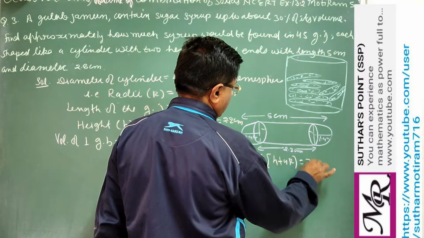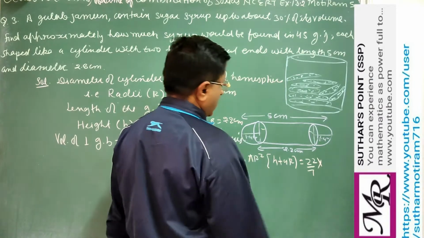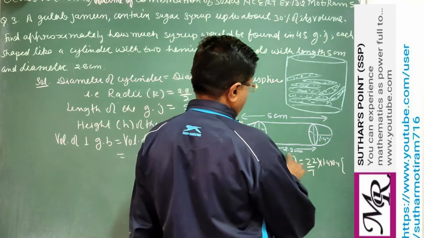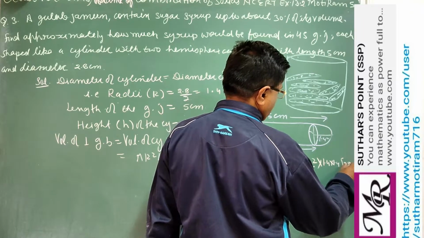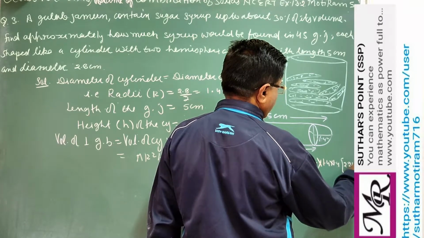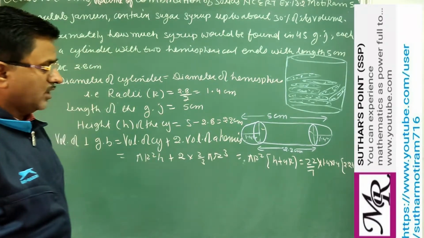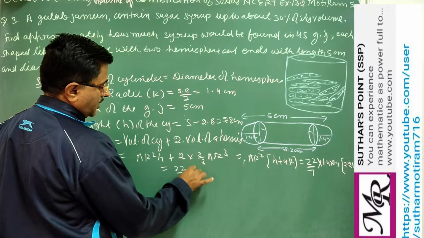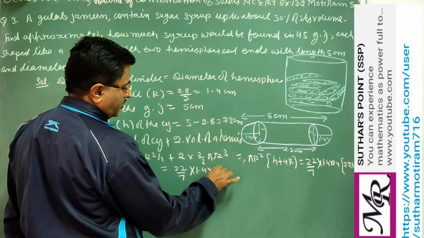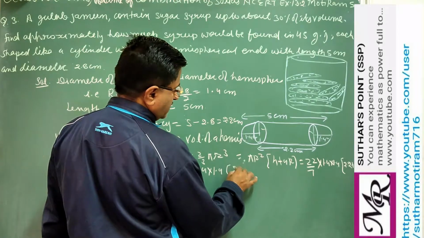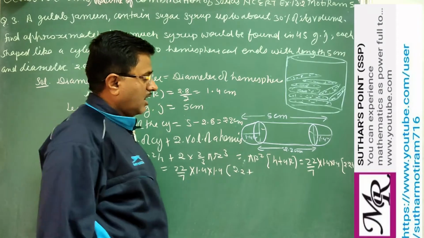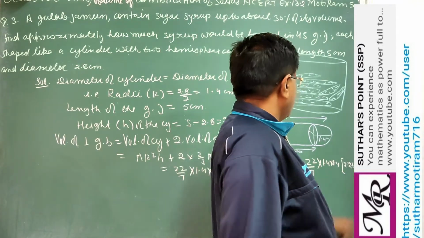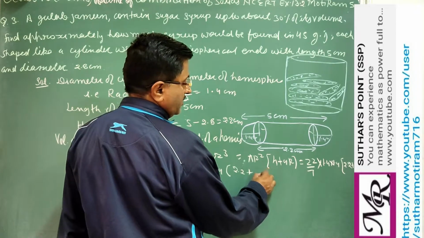So you may put the value pi 22/7, r as 1.4, and h, that is height 2.2 plus 4 into r, that is 1.4. These values we substitute. So 22/7 into 1.4 into 1.4 into, now this is 2.2 plus, now 4 multiplies with 1.4, that is 5.6.